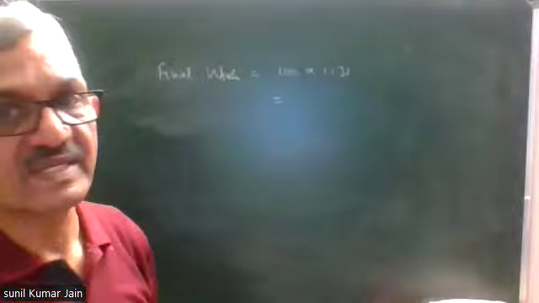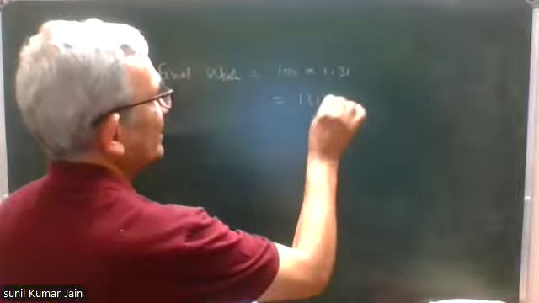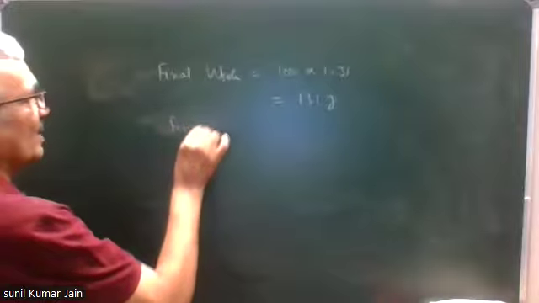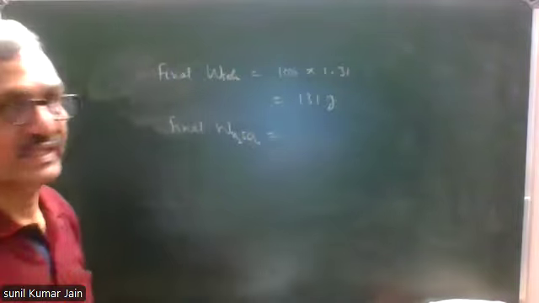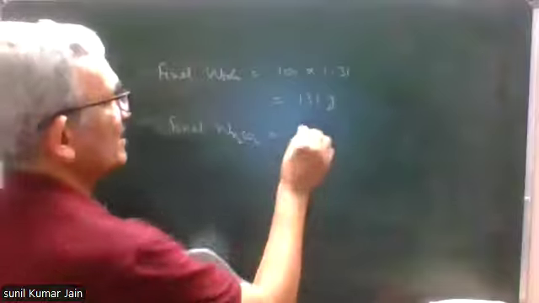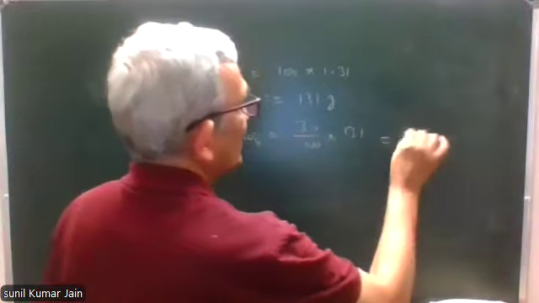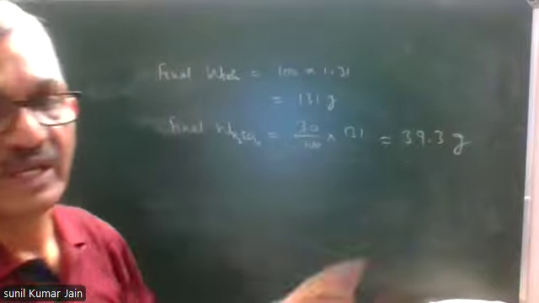We want to prepare 100 cc solution, density 1.31. So final 131 grams. Final weight of sulfuric acid. It contains 30% sulfuric acid. So 30% of 131, 39.3 grams of sulfuric acid.